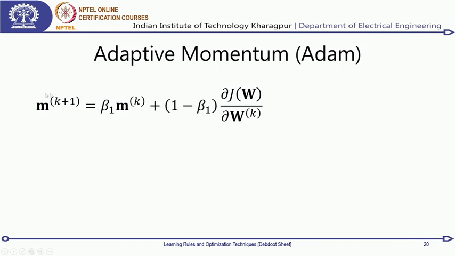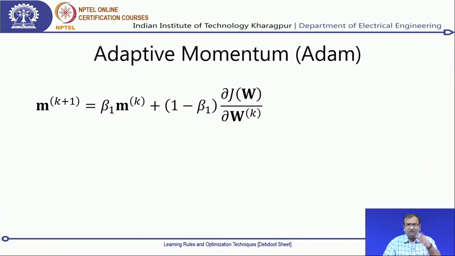Now, this is what would come down as an update mechanism on the momentum. Now, my del w of jw is the same. So, if I am doing a standard batch wise mechanism, then this is what will come down, and in fact, in adaptive momentum as well, your shuffling of samples between epochs for creating batches is also pretty much valid.